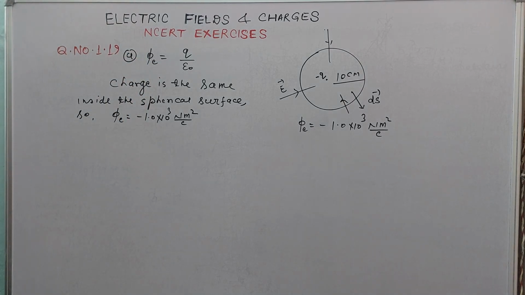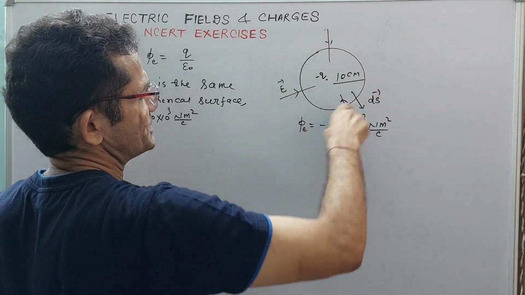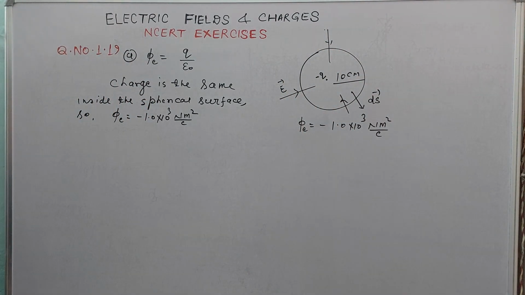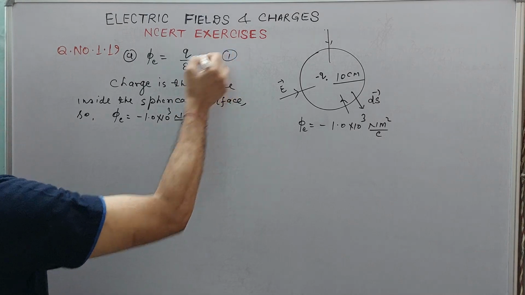Now second part, what is the value of the point charge? What will be the value of the charge which is inside of this Gaussian surface? In the second part, we will do it by using the equation number first.